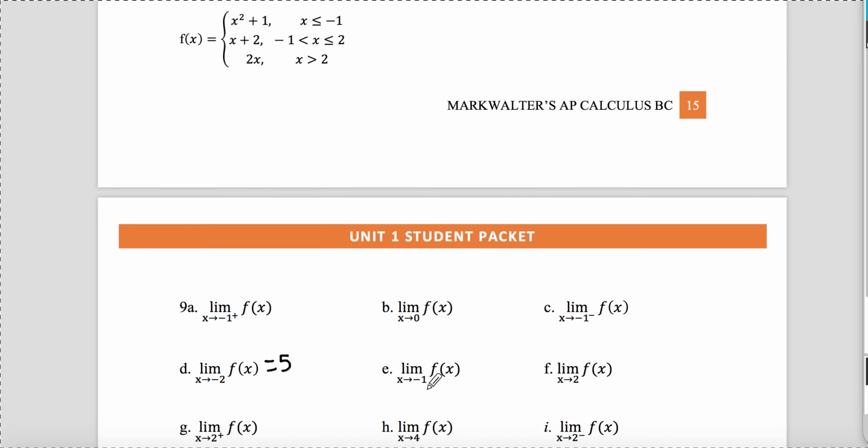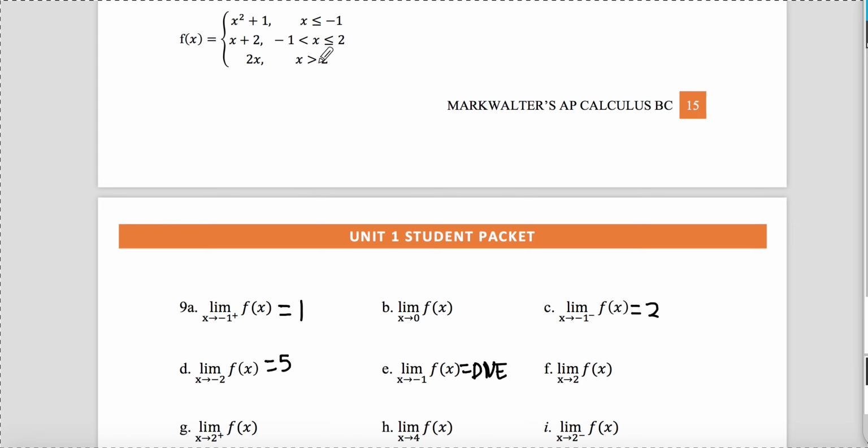So we need to check the left and the right-hand limits, which we actually already did. We found that the right-hand limit, from the second branch, was 1. And we found that the left-hand limit as x approaches -1, the top branch there, was 2. So since the left and the right-hand branches don't line up, the overall limit does not exist.